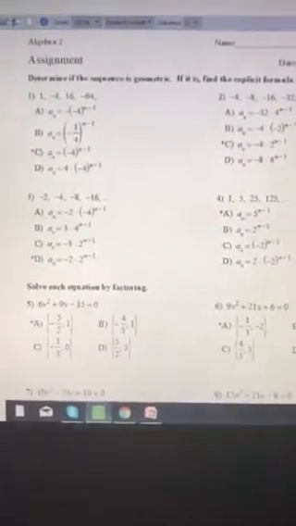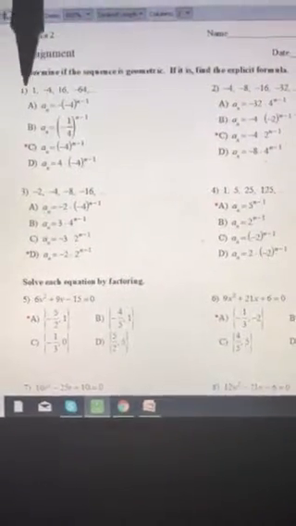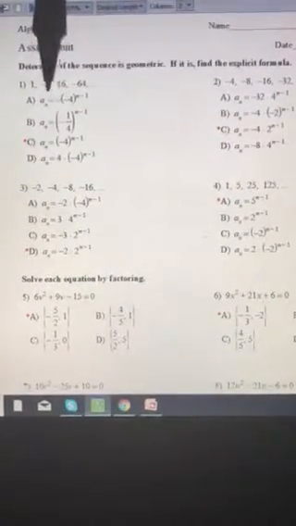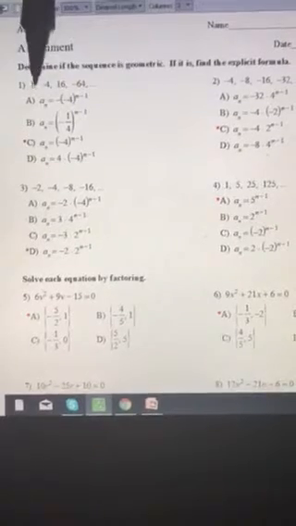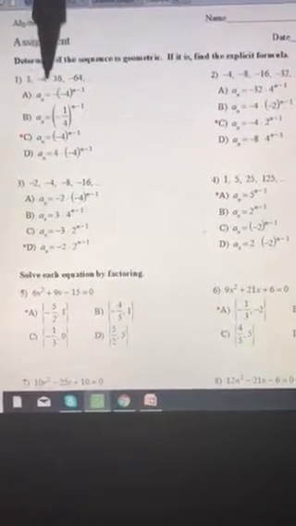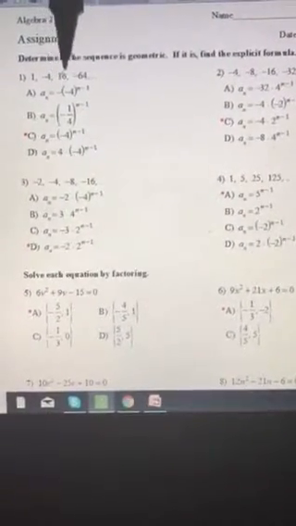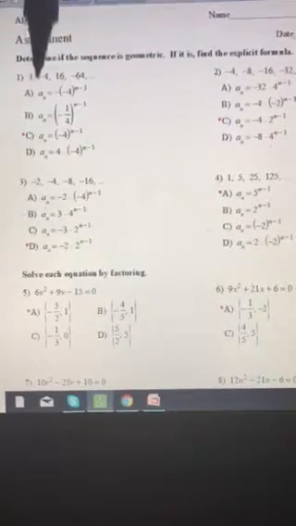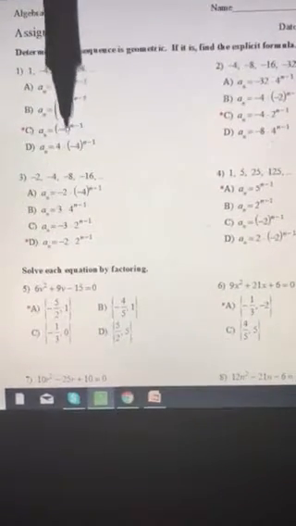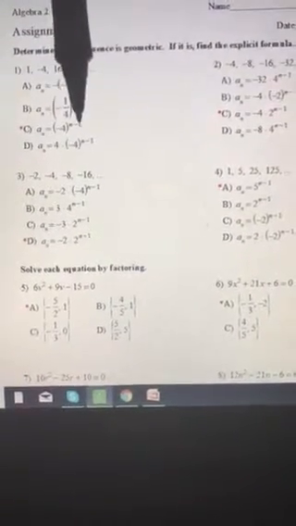So, in this case, for number 1, my a sub n equals the first term, which is 1, times what I'm multiplying each of these by, and it's by negative 4. So negative 4 is the r to the n minus 1. Okay, so that's for the geometric and recursive.